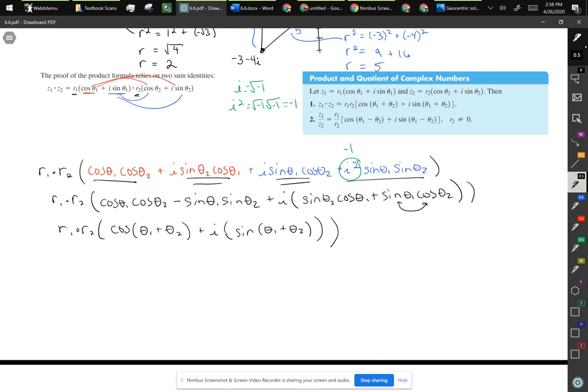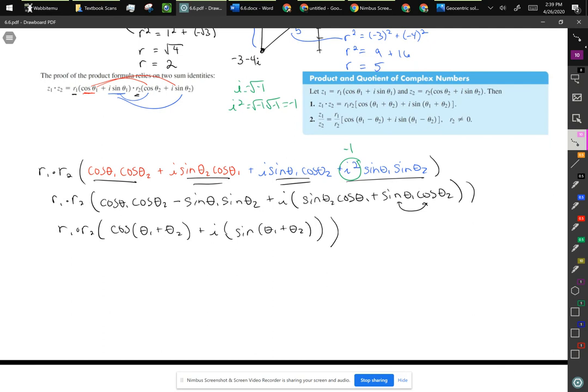And there is your rule, right? So what is this thing saying? It's actually saying something really simple. If you have two complex numbers in polar form, it is ridiculously easy to multiply them. All you have to do is take each radius here and here, and you multiply them.